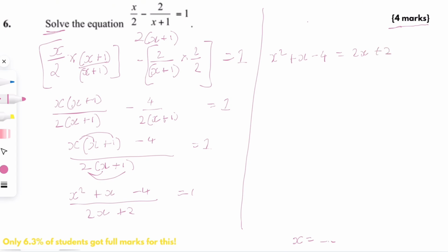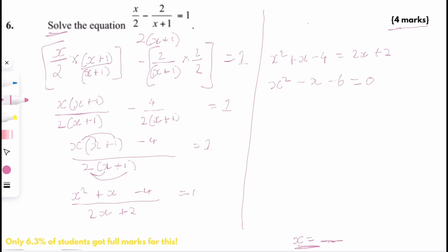Okay, so remember we're trying to solve for x. So the answer is going to look like x equals something. So we want to get all the x's on one side. X squared minus x, so that's take away 2x on both sides, and then take away 2 from both sides, so that would be x squared minus x minus 6 equals 0.